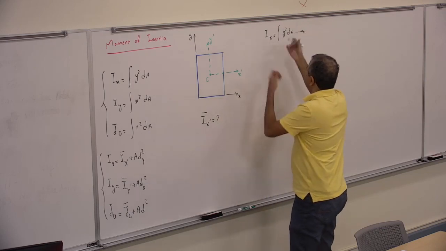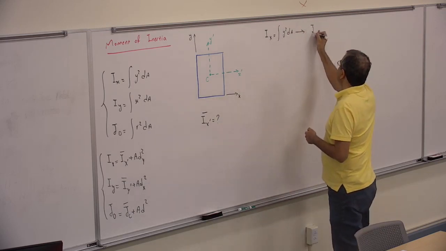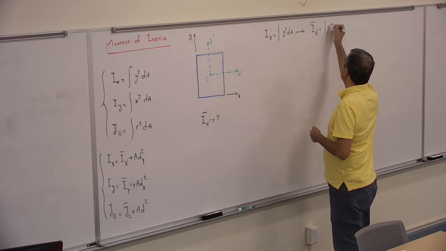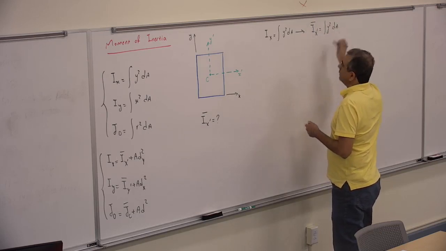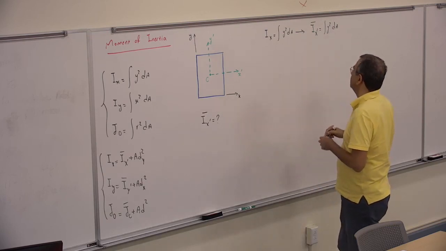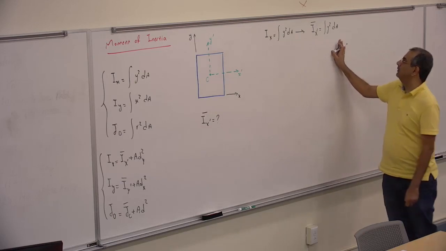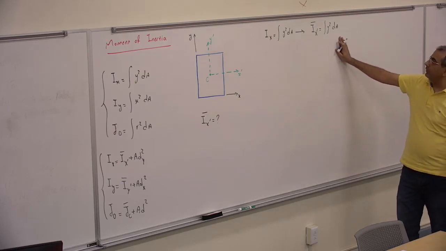And now I'm just writing it so it's good. For x prime, I can also use the same equation, so I can write it about any axis I want. If this is the case, I have to find the dA.